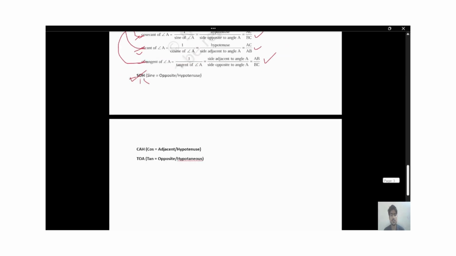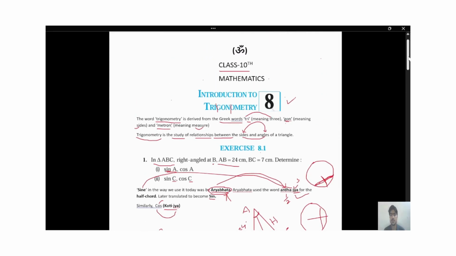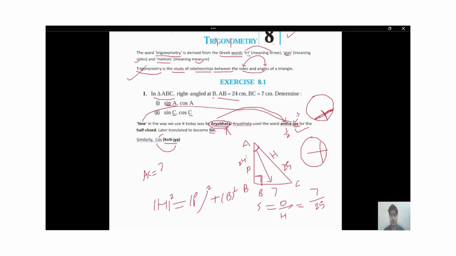I hope you understand this concept, and so I can again brief you on this question. Trigonometry, as we discussed, is derived from the Greek words. Tri means three, gon means sides and metro means measure. So it is the study of the relationship between sides and angles. In this question two sides have been given, so we tried to find the third side with the help of the Pythagoras theorem.